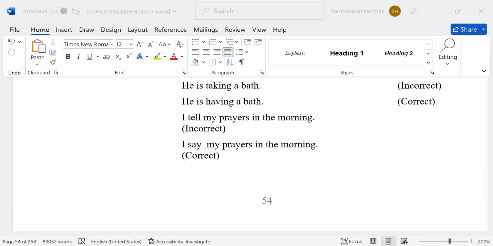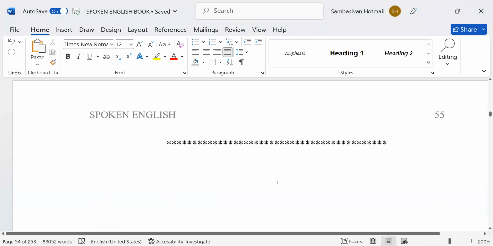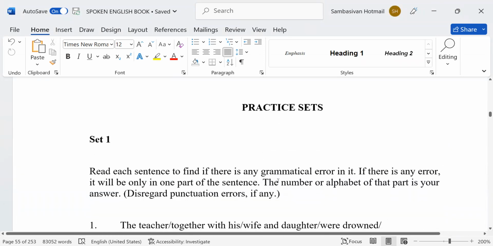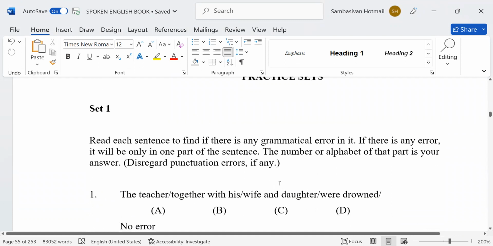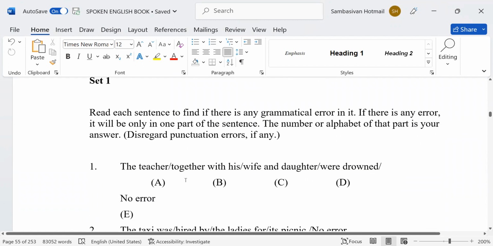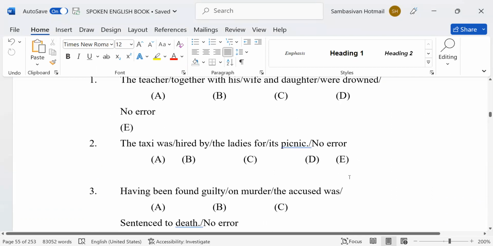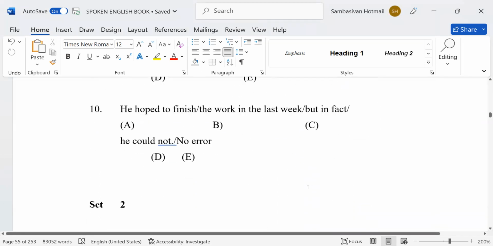I am giving the link so that you can read that also, and there are many other English things also. You can read from that one. Very good, now this is visible for you. Then after that, practice sets are given. You have to go through the questions, find out in which part there is an error, and then check with the answers.